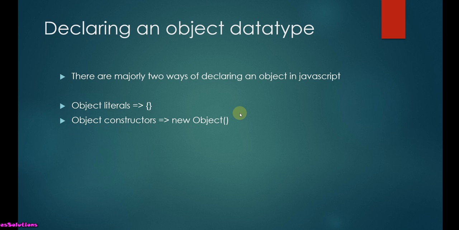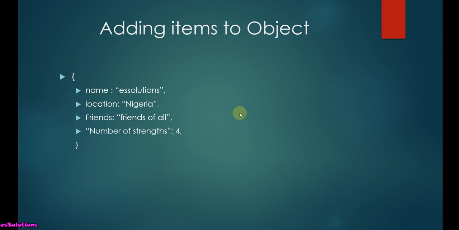That's basically it. So I've said when you want to add items, you can add them directly. When you're declaring, you can just put the values straight into it. The name, the location, the friends. Now this is important.